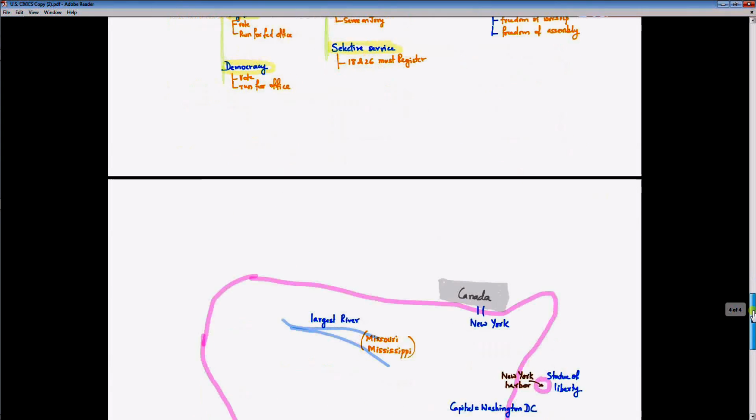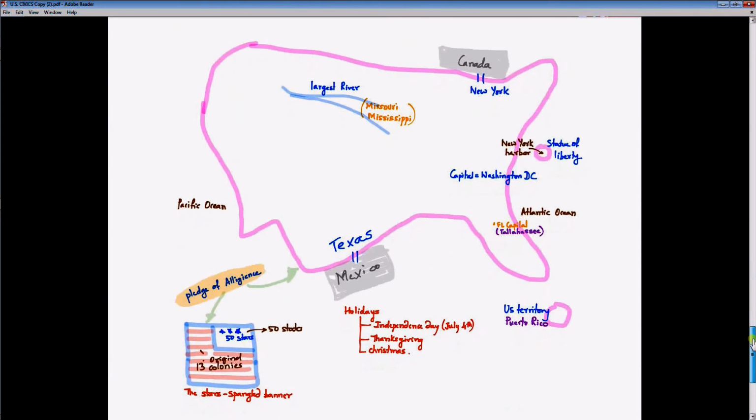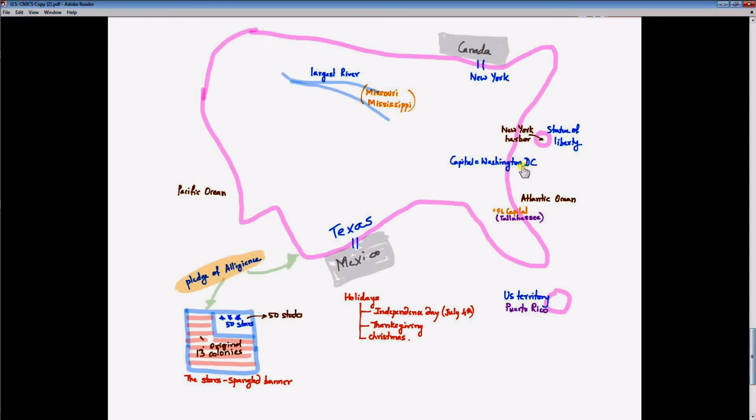Let's look at some of the geography of the United States. The United States is one of the largest countries. It borders Canada with the state New York. It borders Mexico with the state Texas. The capital of the United States is Washington, D.C. The Statue of Liberty is located in New York Harbor.